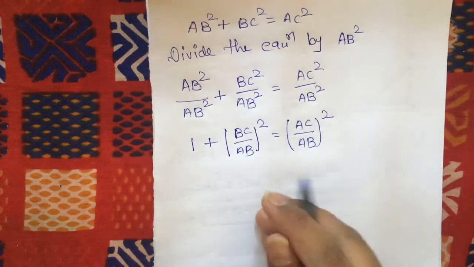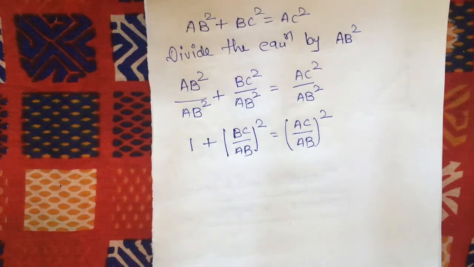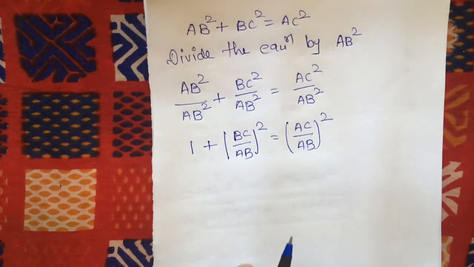So here we have BC upon AB and AC upon AB. Tell me what functions these will turn into.